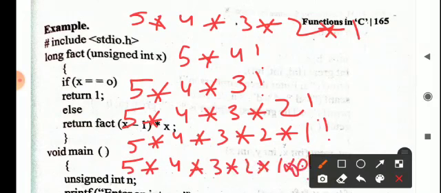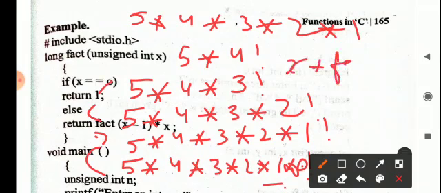That means 0 will be my base case. It will read till here and then it will start returning the value. This is the technique applied in a recursive function for the factorial of a number. So, this can be written as x into fact of x minus 1.